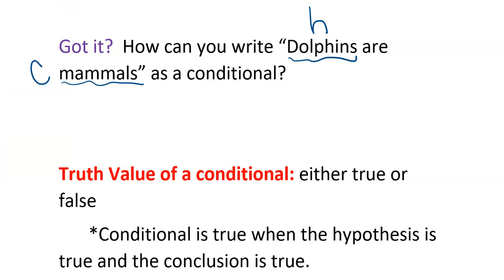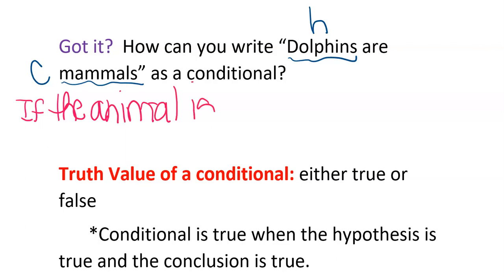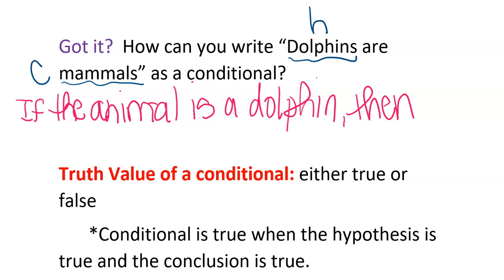Okay, so if the animal, so I don't want to see it in that beginning part. Oops, if the animal is a dolphin, comma, then can I say it? In the second part of the sentence you can, right? Okay.